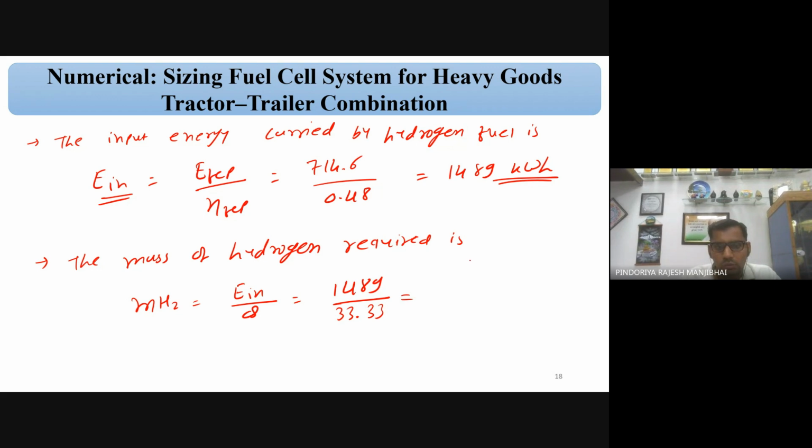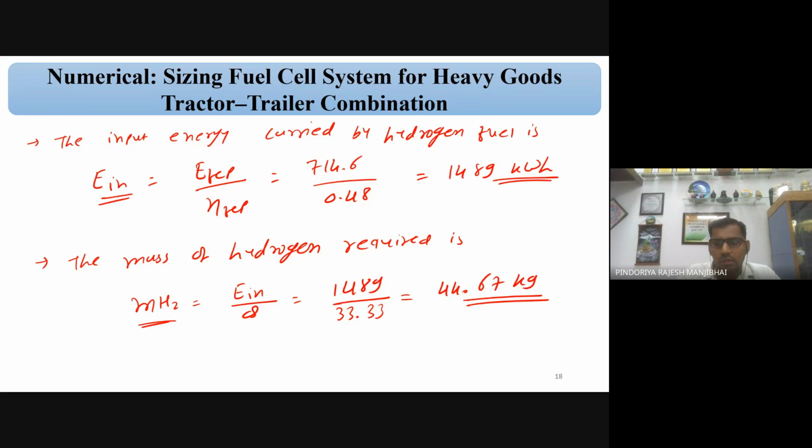So mass of the hydrogen is 44.67 kilogram.